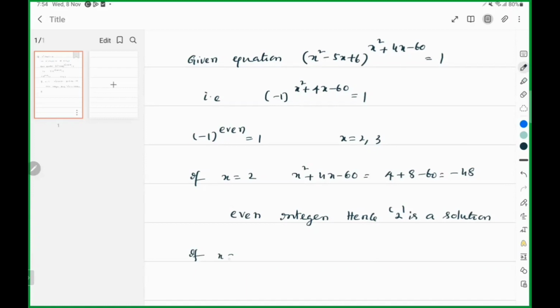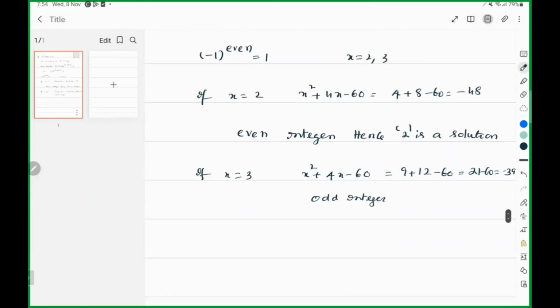If x equal to 3, x square plus 4x minus 60 is 9 plus 12, 21 minus 60, minus 39, an odd integer. So hence 3 cannot be a solution.